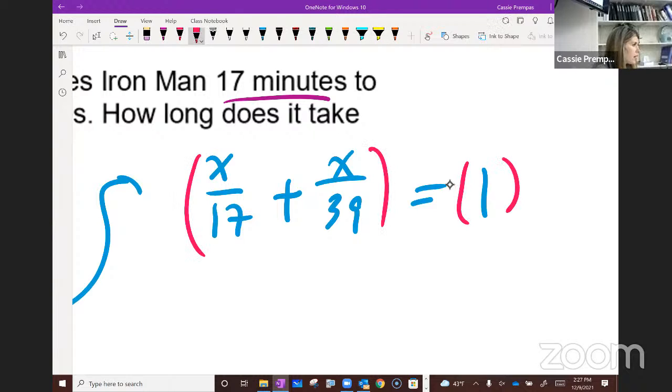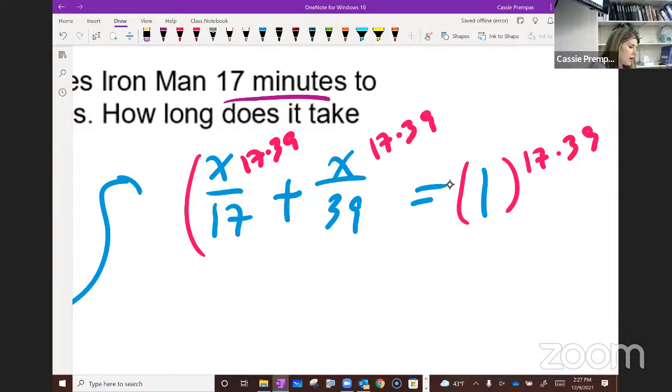So 17 and 39 are prime numbers. Is 39 prime? 39 is not prime, but 17 is prime. So we'd actually multiply by 17 times 39. It's big, but it's possible. I haven't done it yet because I want to do as much as I can without the calculator, but it does multiply into something.